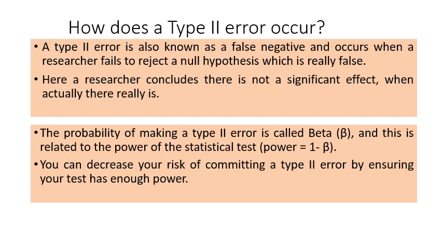The probability of making a type 2 error is called beta. So the type 1 error is the alpha and the type 2 error is the beta, and this is related to the power of the statistical test. This is also called the power of the test. And you can decrease your risk of committing a type 2 error by ensuring your test has enough power.